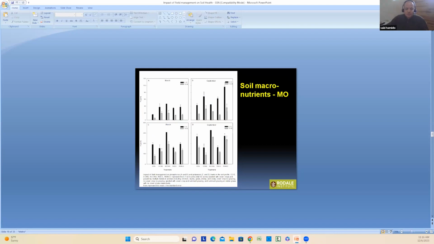In terms of micronutrients, we have seen some improvement, and on the other side, some unneeded increases. For phosphorus, we have found a huge increase, which we don't need. We don't like this increase of phosphorus because phosphorus has environmental impact. We are working on this, on how to reduce the phosphorus in the soil.